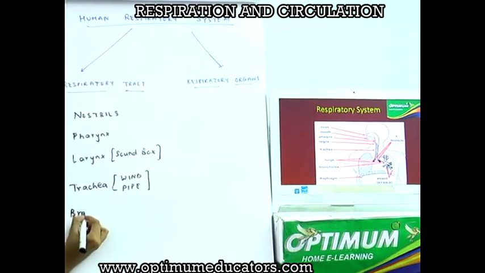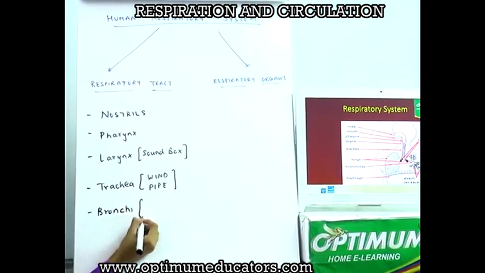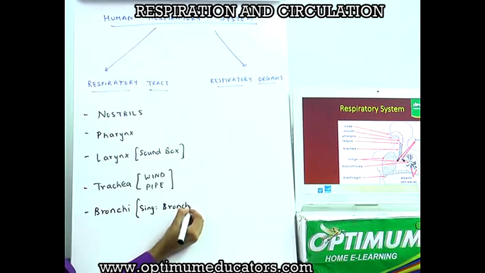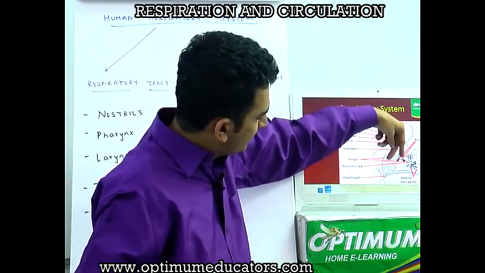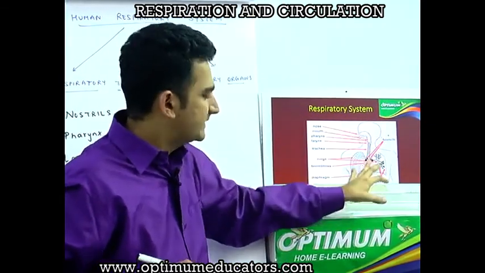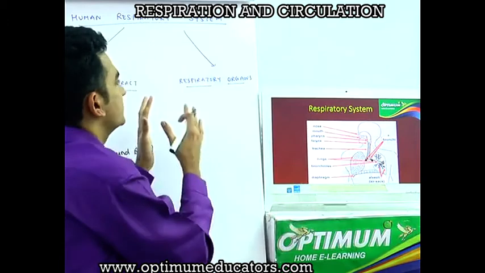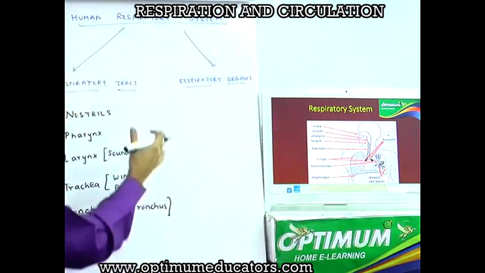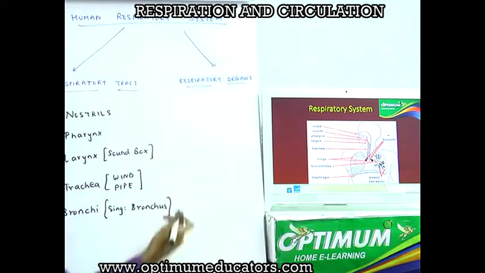So it's called bronchi in plural, singular, bronchus. And now as the bronchi enter the lung, the further parts that we are going to study will come under respiratory organs, because the lung is a respiratory organ. So these are the parts of the respiratory tract.